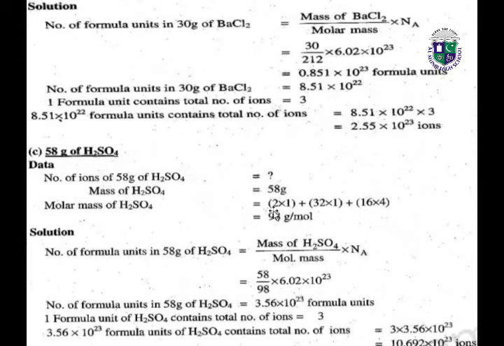By putting the values 58, 98 and 6.02 × 10^23, the number of formula units in 58 grams of H2SO4 is 3.56 × 10^23 formula units. One formula unit of H2SO4 contains a total number of ions equal to 3.